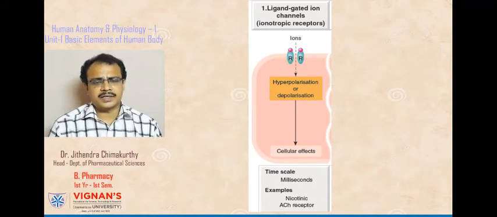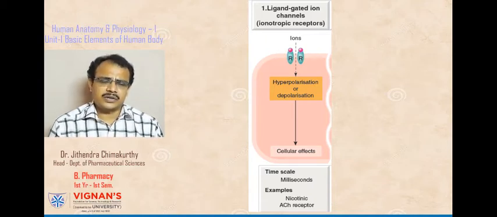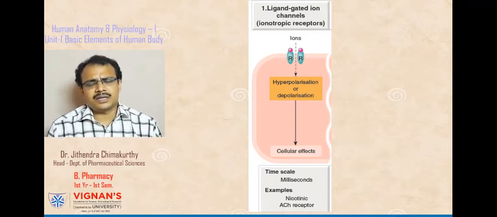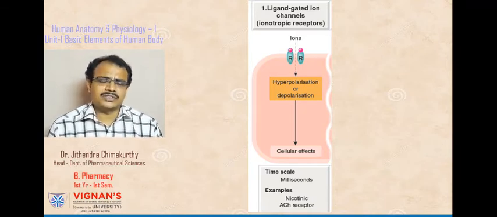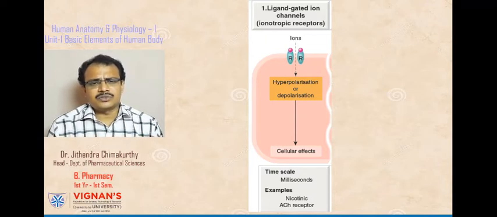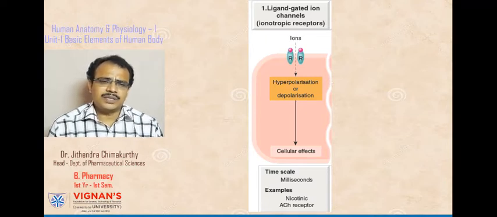Now let's see about these transducer mechanisms in detail. The ligand gated ion channel receptors are receptors which are linked with an ion channel, and when the ligand or the signal molecule binds to the binding site of this receptor, it leads to modification in the receptor, which leads to opening of that particular ion channel, or to closing of that particular ion channel which otherwise will always be open.